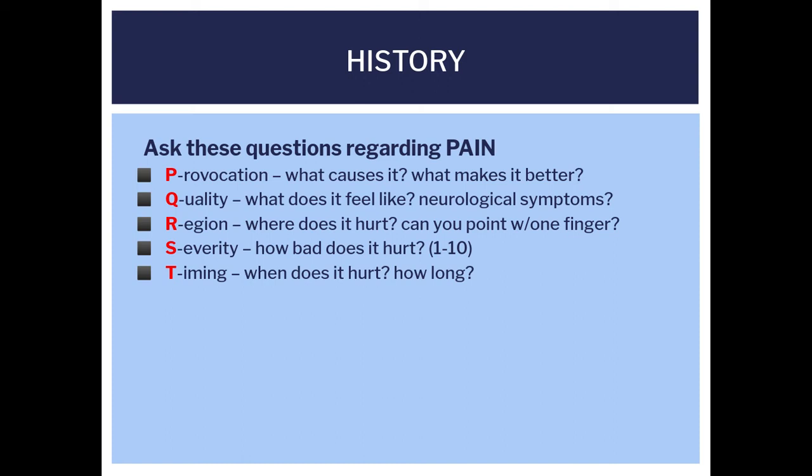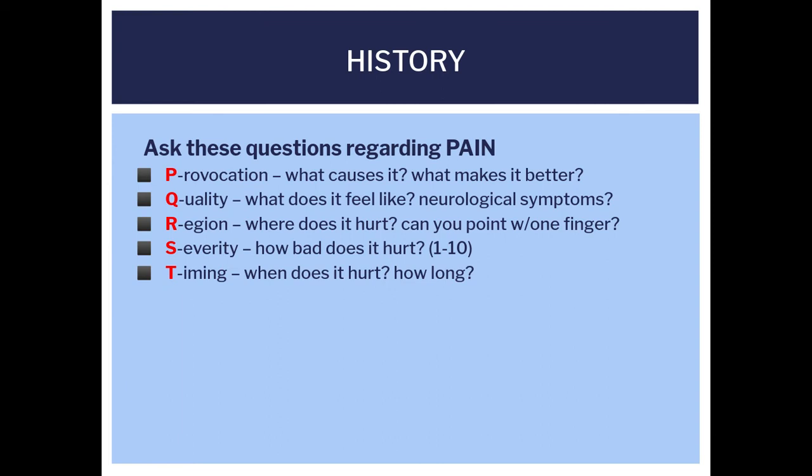Severity, so 1 to 10. I usually will say 1 is barely any pain, 10 is I want to chop off whatever body part it is. Just keep in mind, this is obviously subjective. Some people have really low pain tolerances, so they might say, I'm at a 10 out of 10, and you're like, really? You just stubbed your toe.